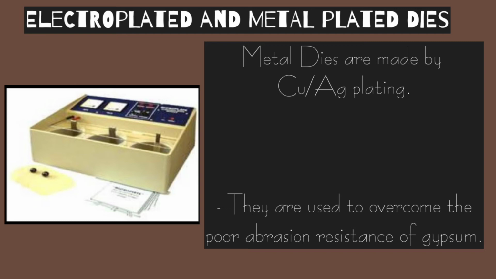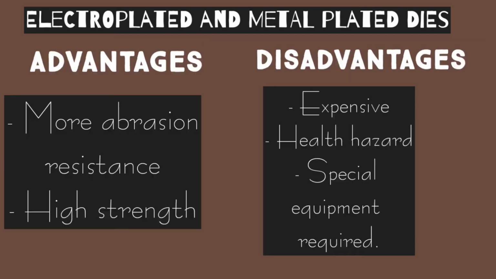So what are electroplated and metal plated dies? Here metal dies are made by copper and silver plating. These electroplated and metal plated dies are used to overcome the poor abrasion resistance of the gypsum. What are the advantages and disadvantages of these electroplated dies?